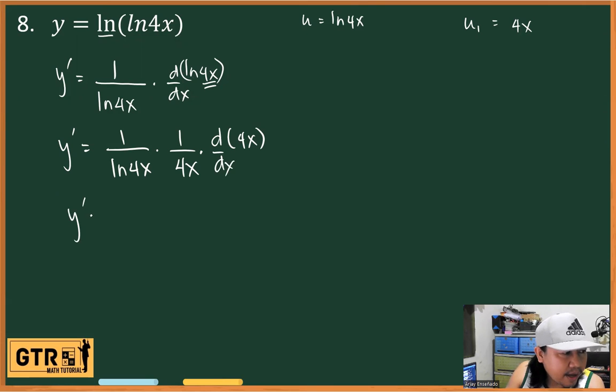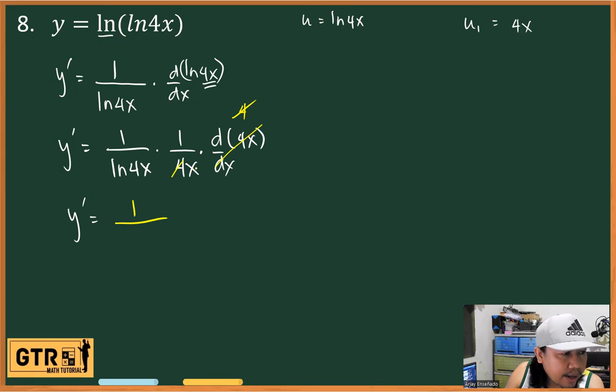So just simplify. The derivative of 4x is simply 4. And then we have 4x in the denominator. So we can cancel out the 4 and this 4. So therefore, the final answer is 1 times 1.